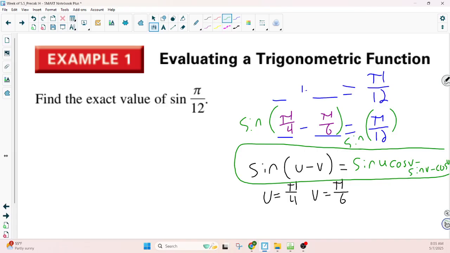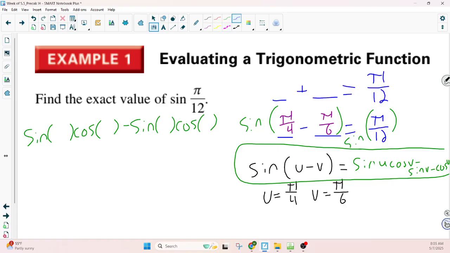So let's start working this and figuring out what's happening here. This green thing is going to be the answer. The answer is going to be sine of something times cosine of something minus sine of that other thing times cosine of that other thing. Let's talk about what I'm talking about here.